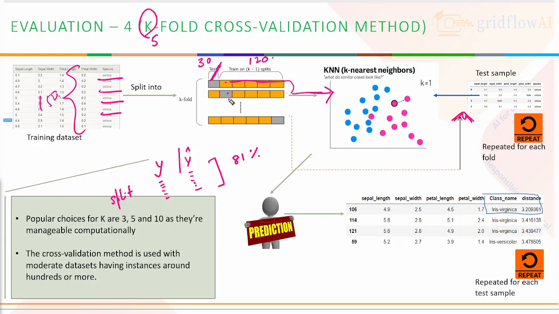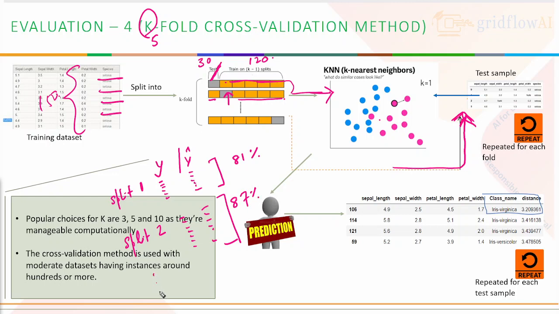Second split is taken, and the remaining are all used for training the model, and the second split is again used for testing the model. So this is split number 1, then split number 2, and again you have those 30 samples in the second split, and let's say the accuracy is 87%.